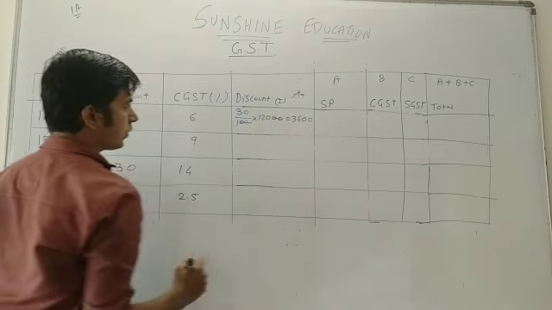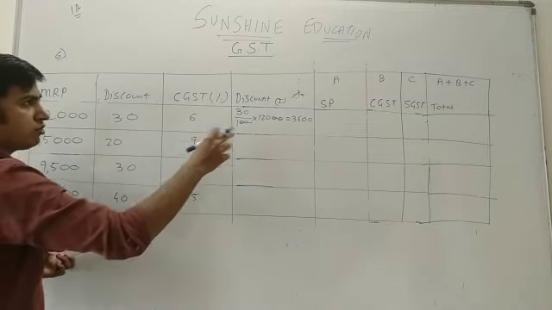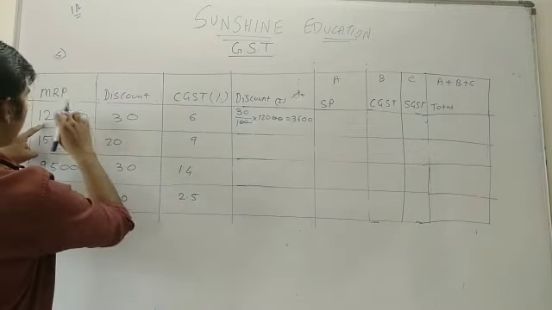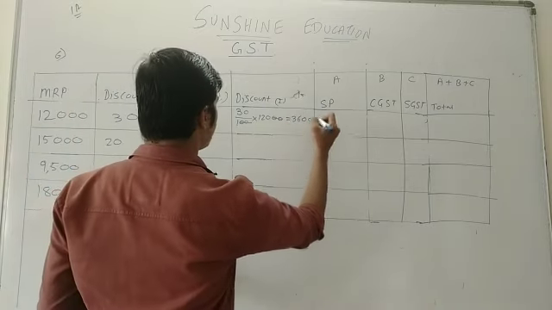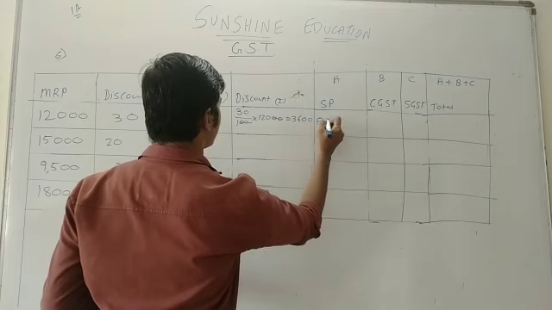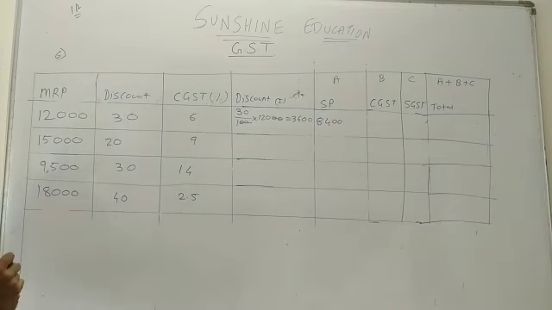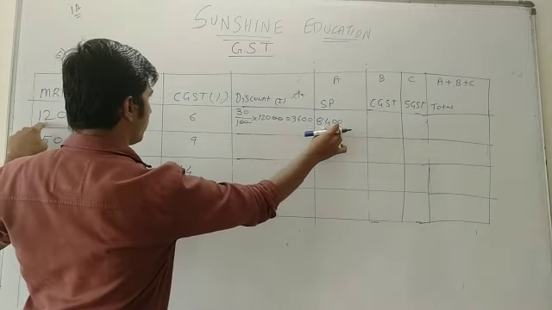This is the discount. Now, what will be the selling price? Selling price will be mark price, MRP, minus discount. It is 12,000 minus 3,600, which would be 8,400.